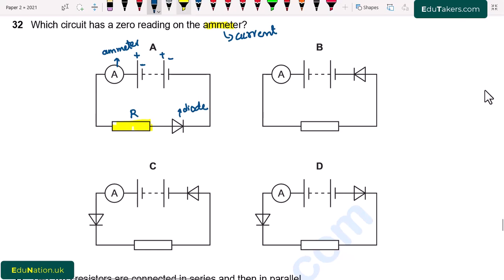So this arrow shows the positive side, while this line shows the negative side. So we see here that this negative is attached directly with the negative terminal of the battery, and this positive side of the diode is attached with the positive terminal of the battery. It means that there is a current passing through this circuit. So here will be the reading on the ammeter.